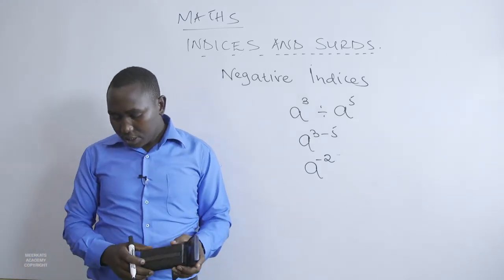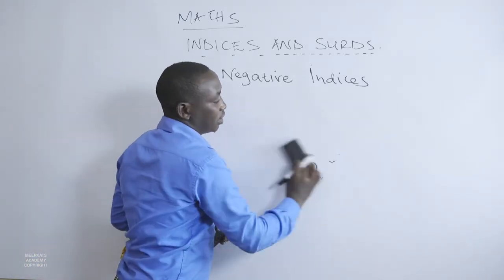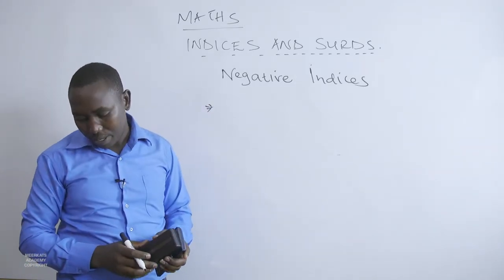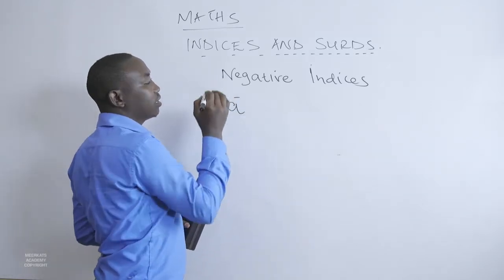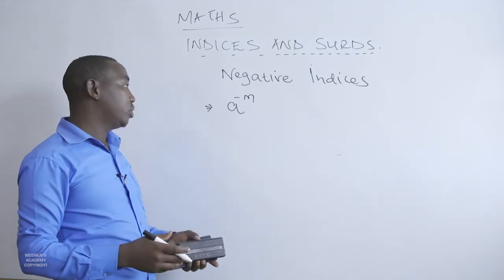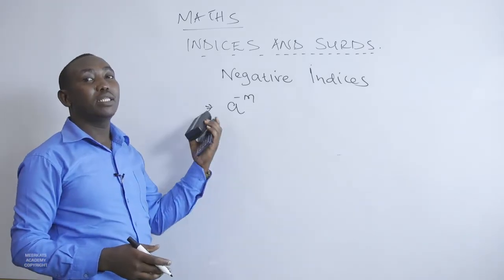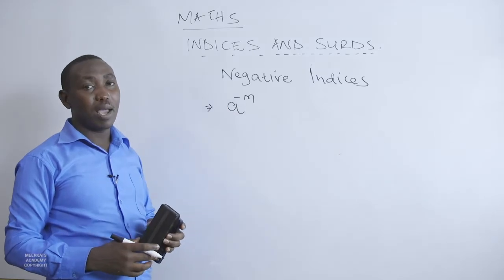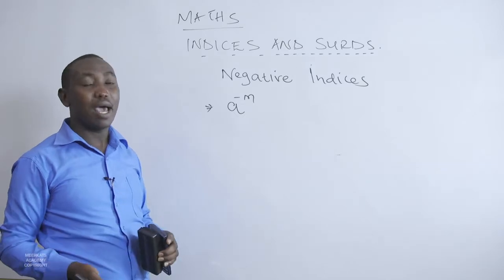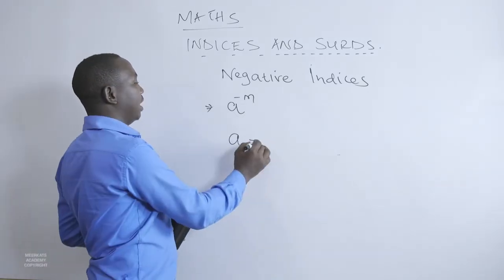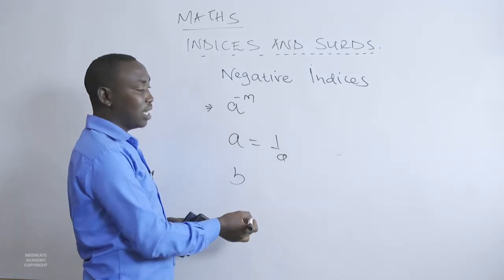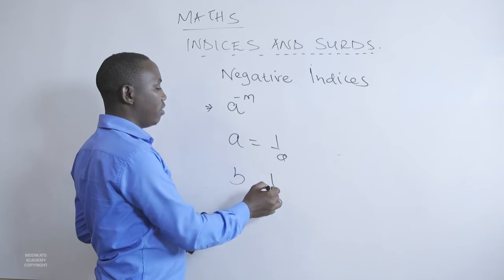Now, at this juncture, it will be wise for us to learn what is supposed to happen. You have gotten your result as a raised to a negative power. What you simply need to do is write the reciprocal of this number. We all recall what numbers written in their reciprocals are. For example, the reciprocal of a is simply 1 over a. The reciprocal of b, for instance, is simply 1 over b.